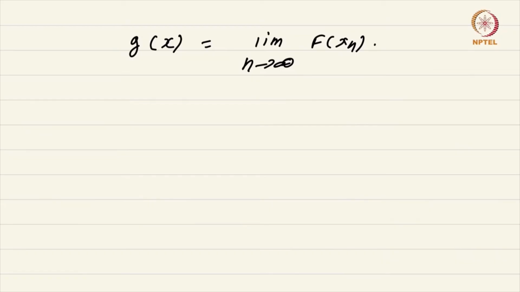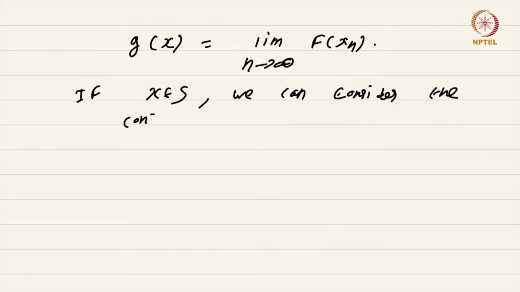Furthermore, if x is in S, we can consider the constant sequence x, x, x, repeating. So I'm just calling it the constant sequence x to see that g(x) equals f(x).